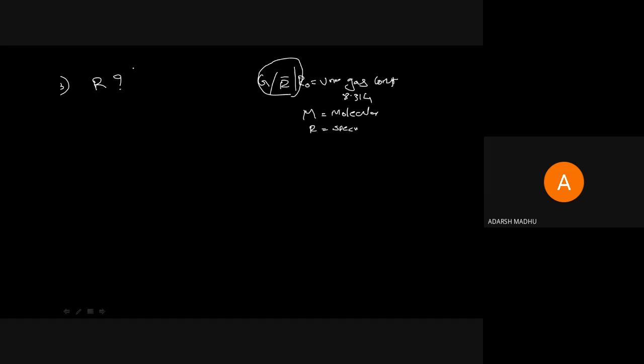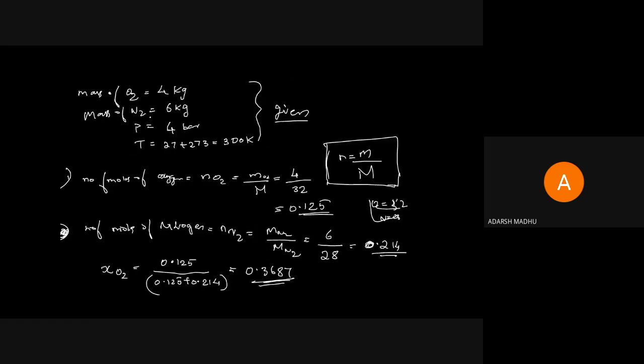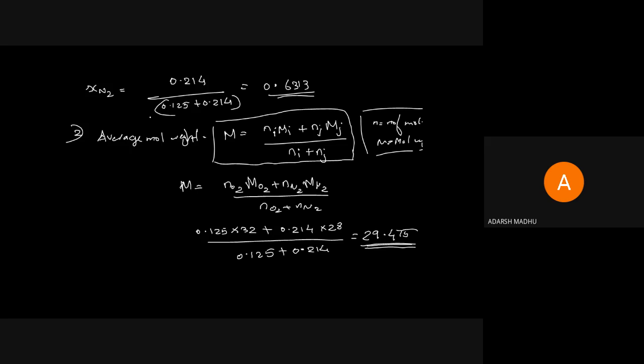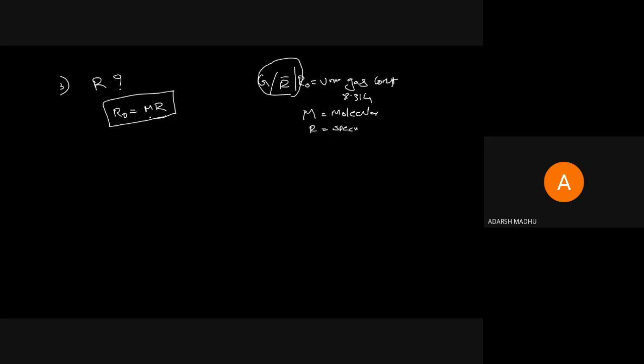There is a relation between R, R naught and M, that is R naught equal to MR. It's a very important relation, along with N equal to m by M, PV equal to mRT, and the average molecular weight equation. To find the value of R, R equal to R naught by M.